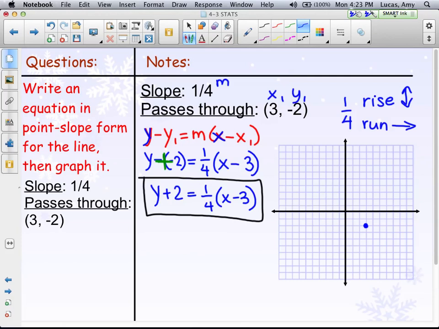So rise 1, run 4, puts me over here. I don't want to keep going to the right because I'll run off of my graph. So I'm going to reverse that process, and instead of going up 1 and over 4 to the right, I am going to go down 1 and back 4 to the left to get my third point, and then draw my line, just like that.